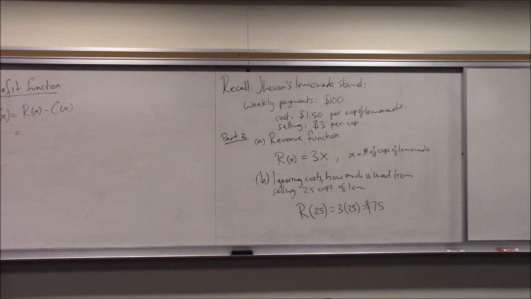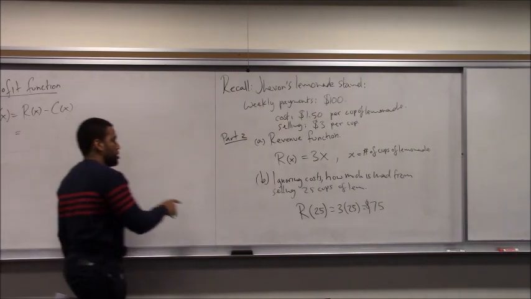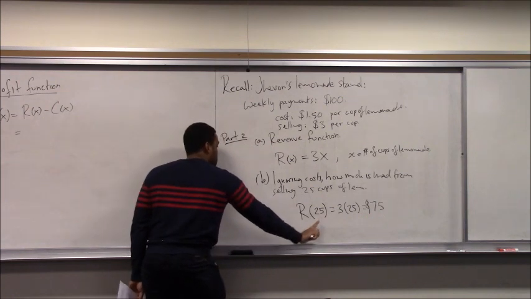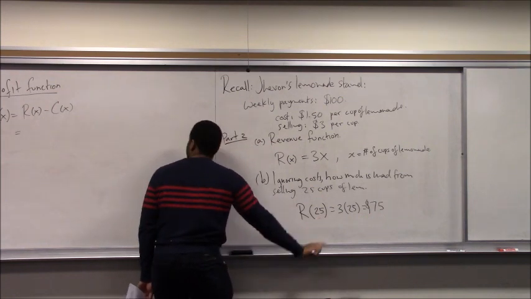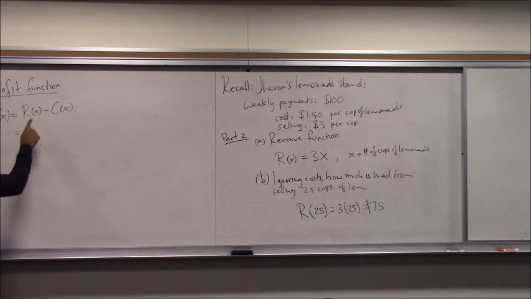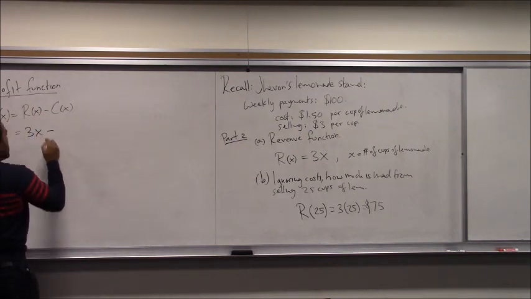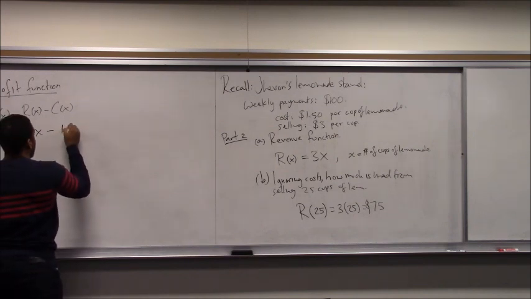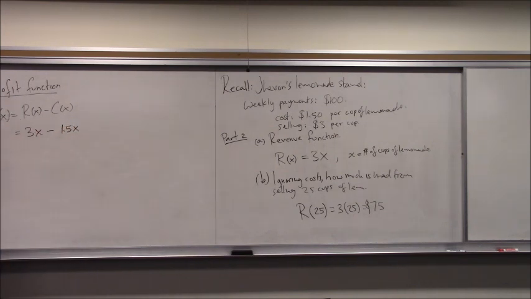We want the equation of 3x. This 75 is the revenue made from selling 25 cups specifically. Here I want the general revenue function, also 3x. So that's going to be 3x minus, what's the cost here? 1.5x. Minus 100.